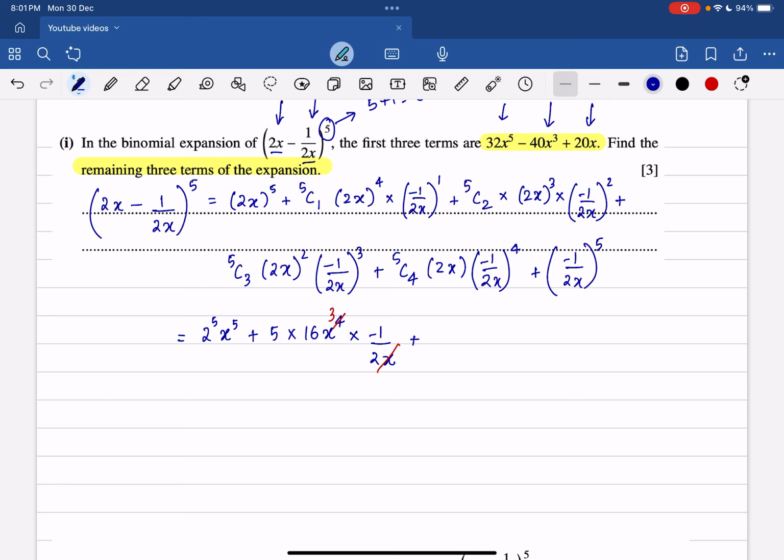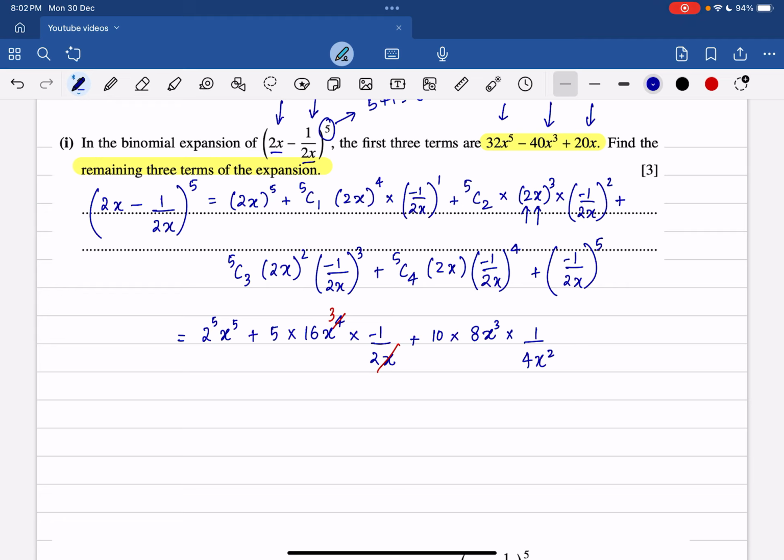See this one, 5c2 is 10 times 8x cube. Why 8x cube? Because 2 cube is 8, x cube is x cube, times 1 by 4x squared. How do I get that? You are squaring this expression. I'm sorry, minus 1 by 2x the whole squared. So you square everything, numerator and denominator both.